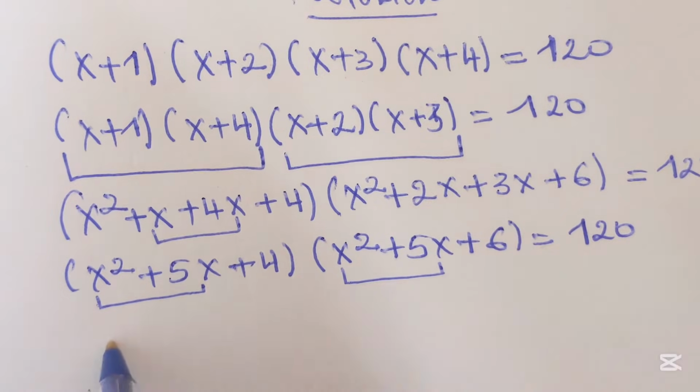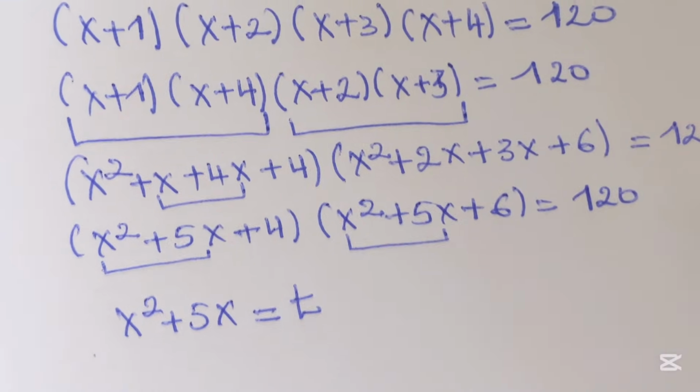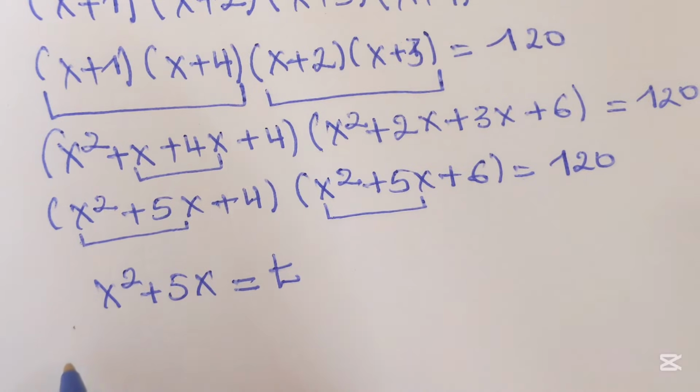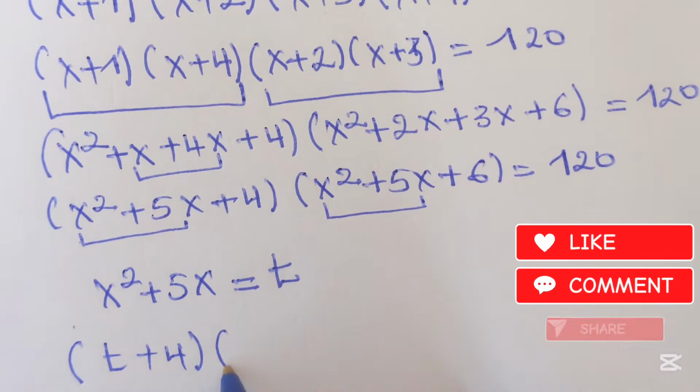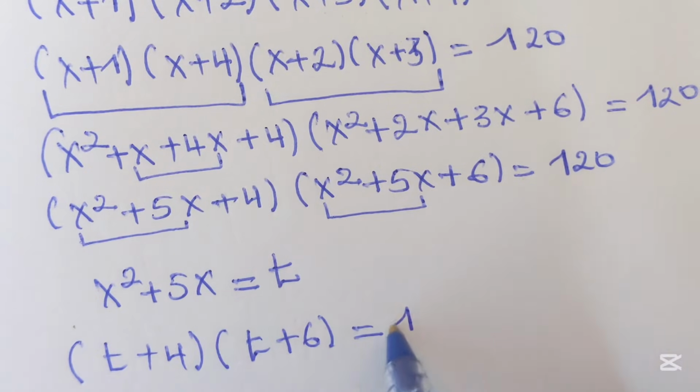We can take x squared plus 5x and equate it to any value like t, any letter t. Here we simply get (t+4)(t+6), which equals 120.